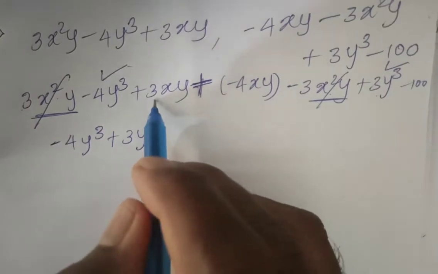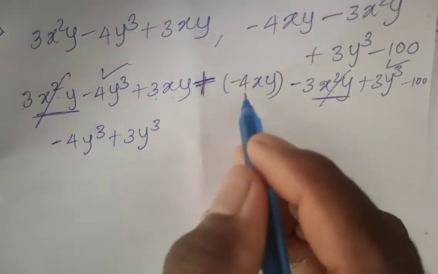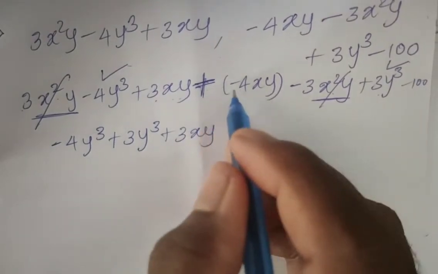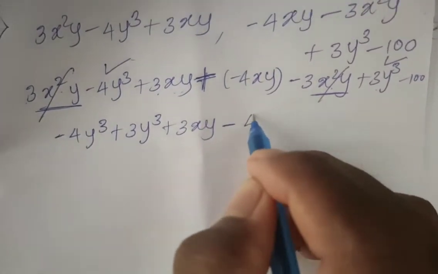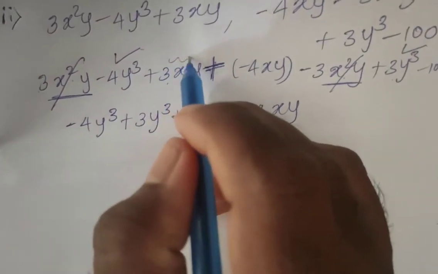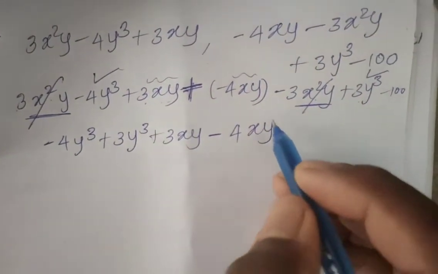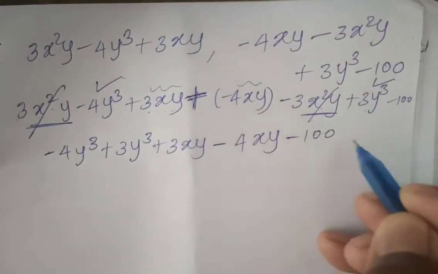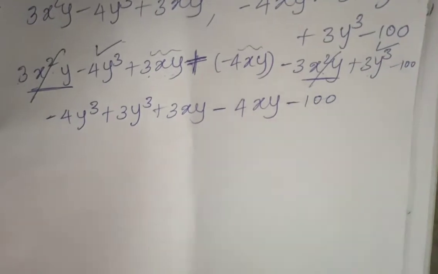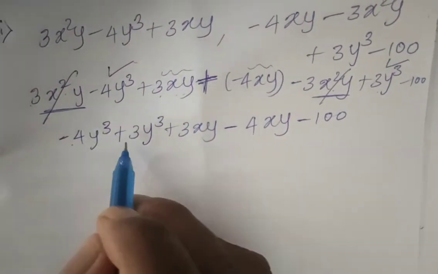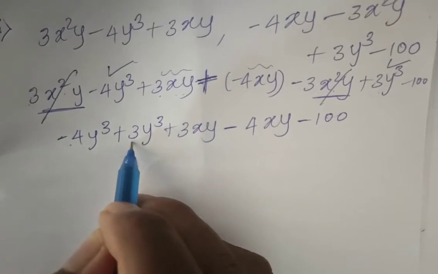Next 3xy and here minus 4xy is there, plus 3xy, you can write plus into minus, minus 4xy. These two are like terms. Then any other terms? No, here minus 100 is there, it is a constant, there is no other constant, keep this as it is. Now minus 4 plus 3, what will happen?